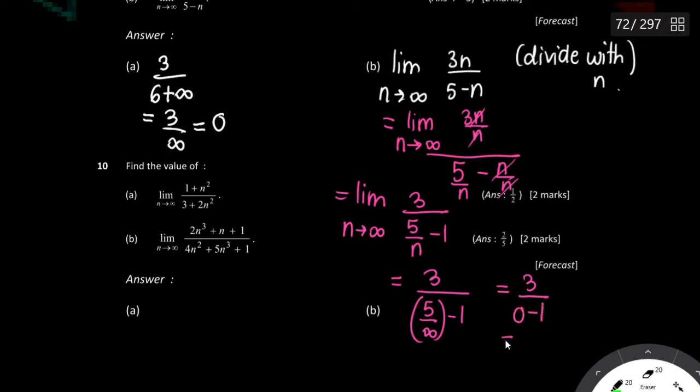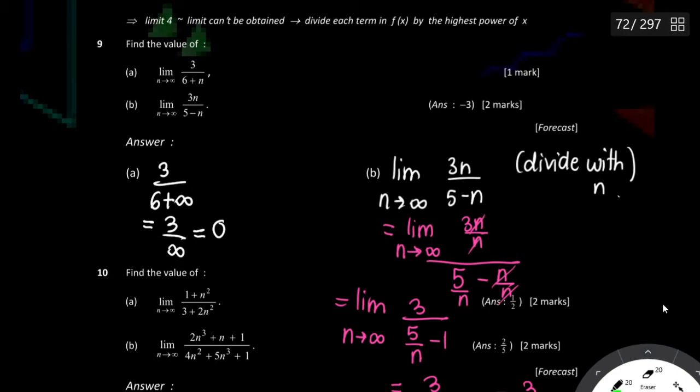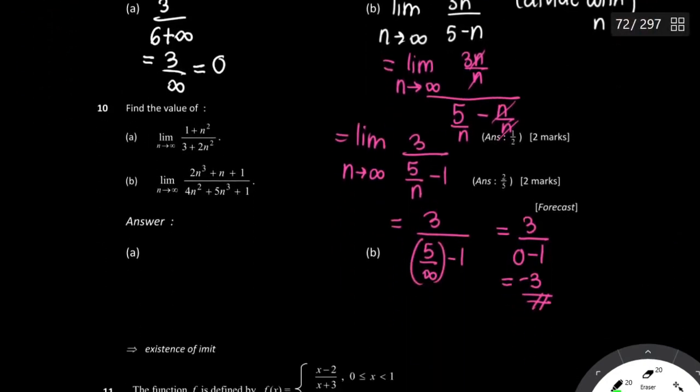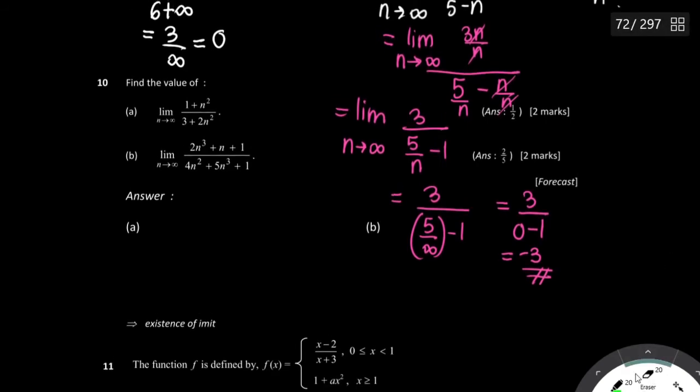So 0 minus 1 is -1. So this becomes -3. If you feel the teacher is too fast, you can press a slow speed. Reduce the speed and then you watch this part again. I hope you get the answer. Do you understand?